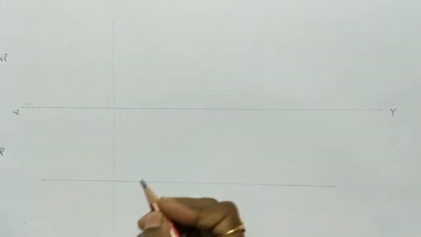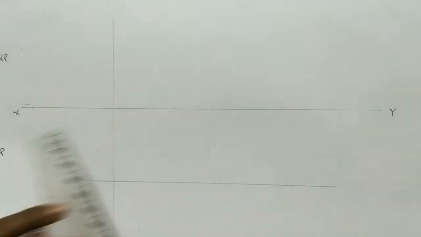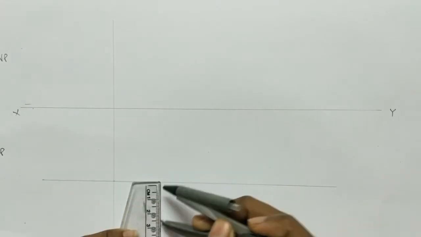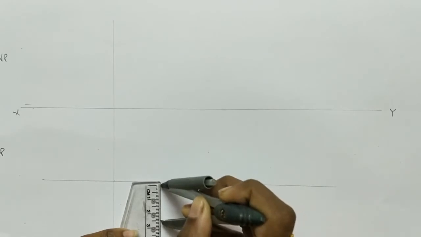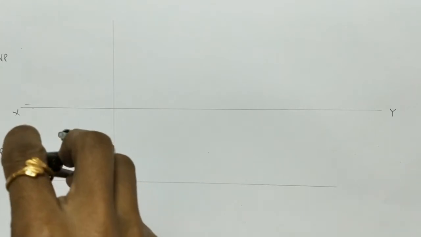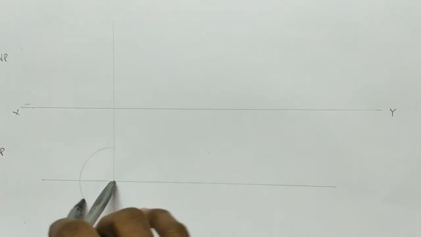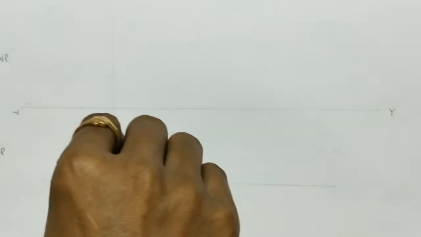So this is the center point and I will draw a hexagon. For this 25 mm side is given. So like this I will roughly draw a light circle because it is a simple method for drawing hexagon.